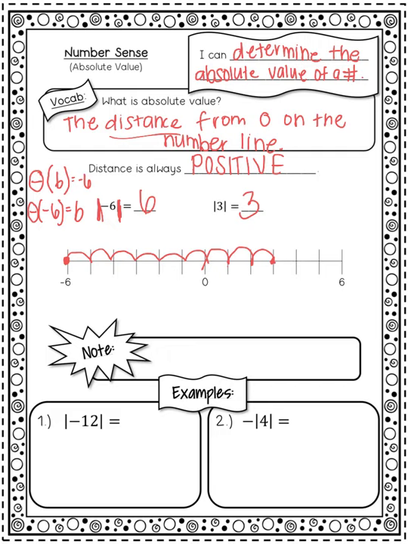Something to keep in mind when we're finding absolute values: if there is a negative sign outside of the absolute value bars, the number remains negative. Let's talk about why that is.